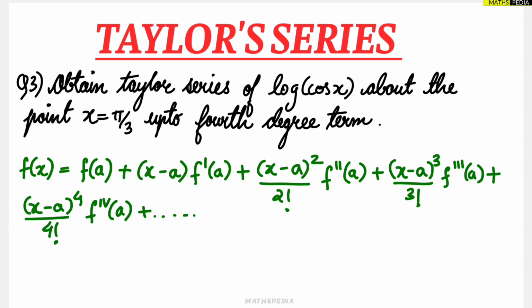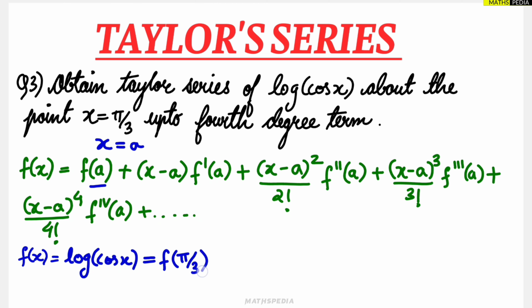So for this particular question, the Taylor series becomes, let us see. f of x equal to, we are given the function as log of cos x, equal to f of a. So here the a value is pi by 3.